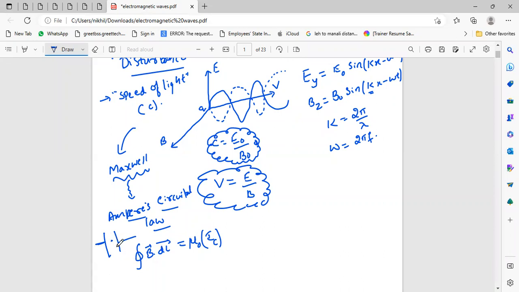So in order to correct that, between these two plates, the electric field keeps on changing. Whatever the time varying electric field is there between these two plates is going to create another current. That current is what we call the displacement current.